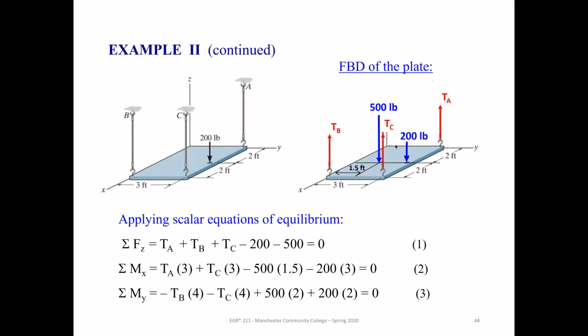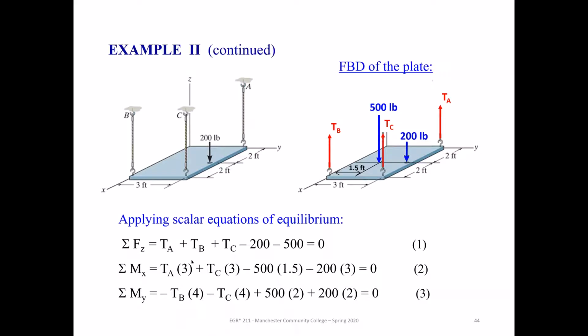And then we'll notice about the tensions, well, these are forces. TA and TC are both acting at 3 feet away from that axis. Okay, and here's the 3 times TA and 3 times TC. Okay, so now we have another equation, and this equation has 2 unknowns in it.